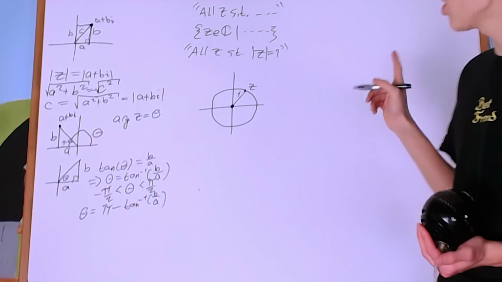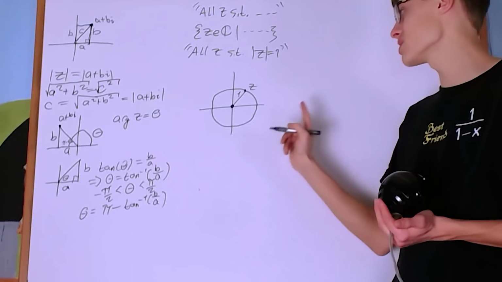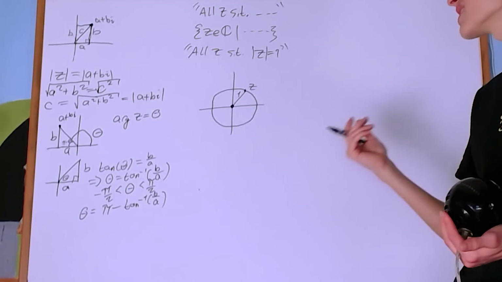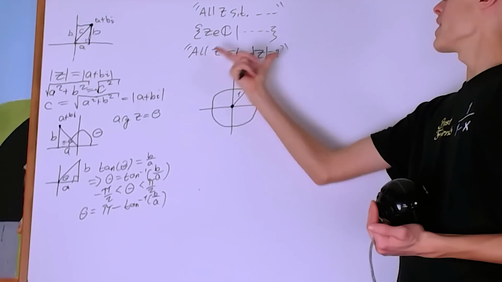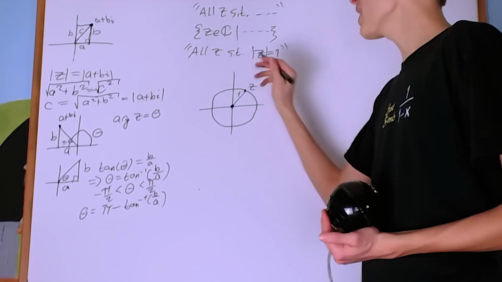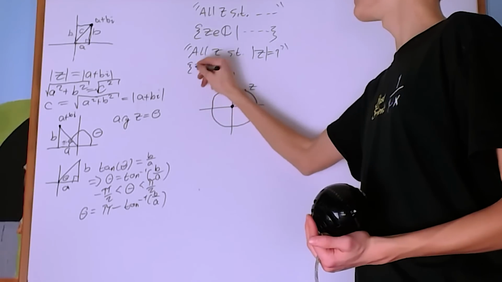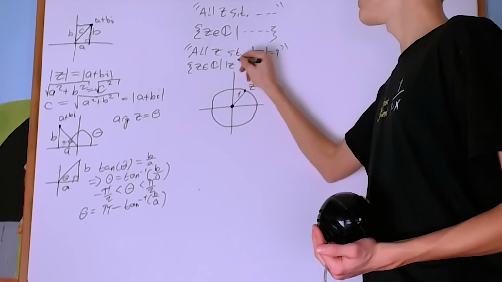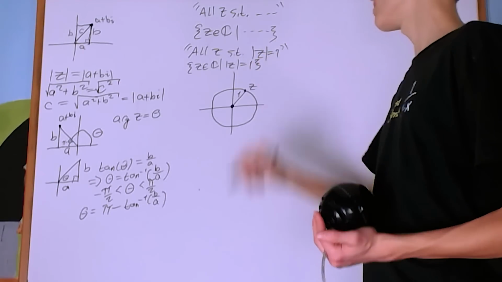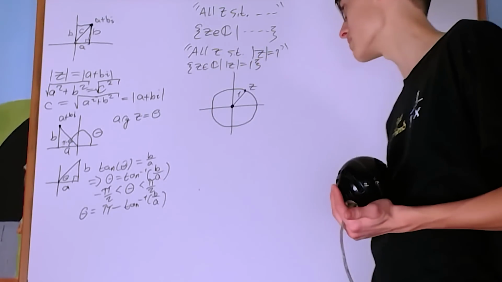It's the set of all points an equal distance away from the origin. So that's a circle centered around the origin. And I could have also written this as z, an element of C, such that the magnitude of z is equal to 1. That is it in set builder notation.